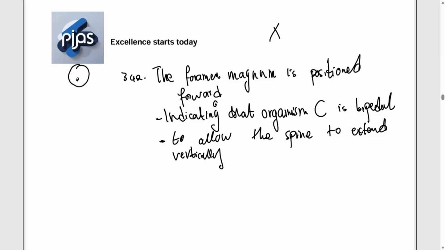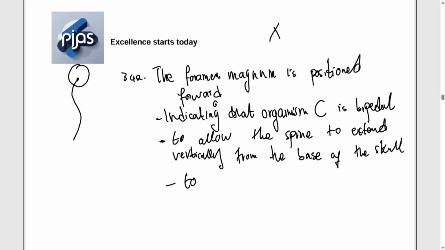Again, we saw that now the foramen magnum is positioned forward, meaning that now it will enter in an S-shaped, extending vertically from the base of the skull, to do what? To support the upper body weight.